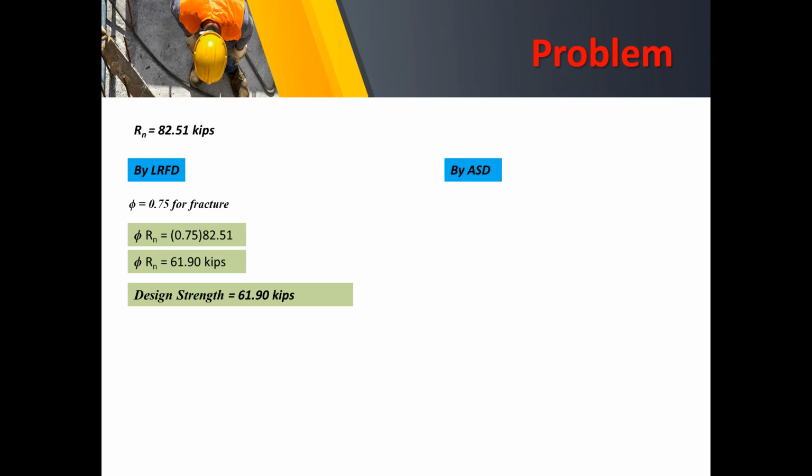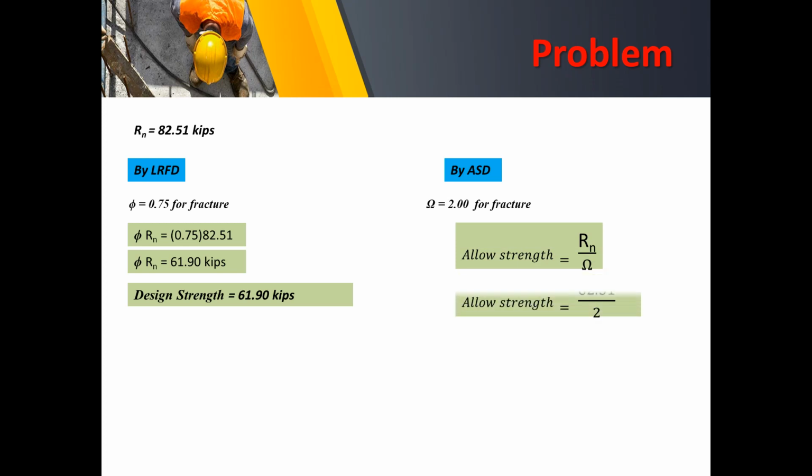By allowable strength design, we have omega is 2.0 for fracture, and the allowable strength is just the quotient of Rn to that of the omega. So applying that formula, we have an allowable strength of 41.3 kips.